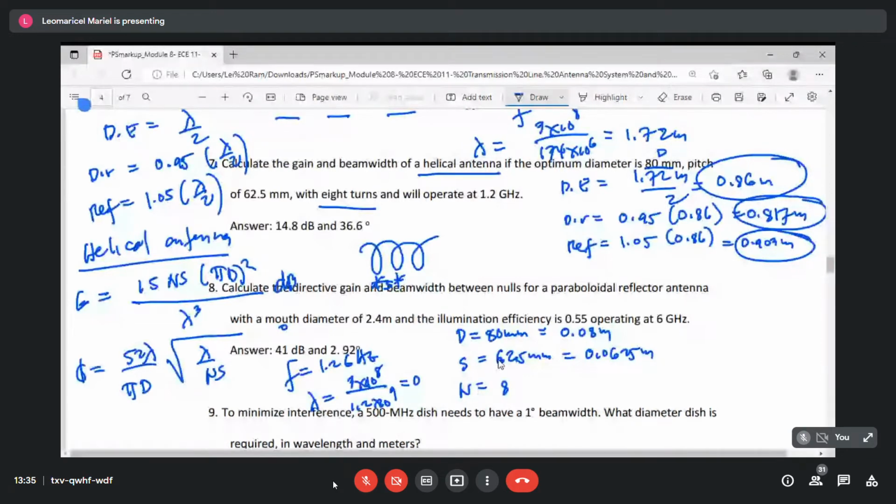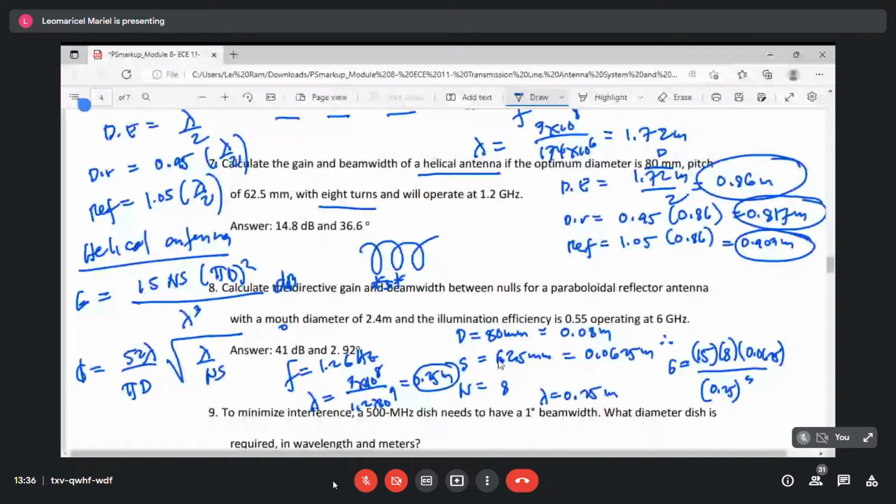Now, yung lambda mo ay 0.25 meters. So therefore, using the formula, yung gain, ico-compute nyo na. 15 multiplied by 8 multiplied by 0.0625 all over 0.25, multiplied pa ito ng pi d over lambda.